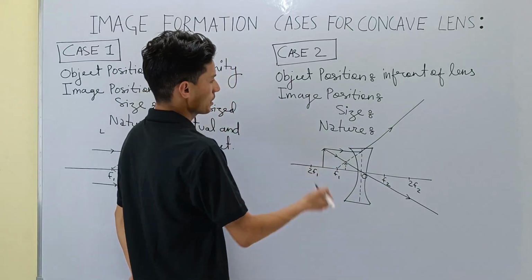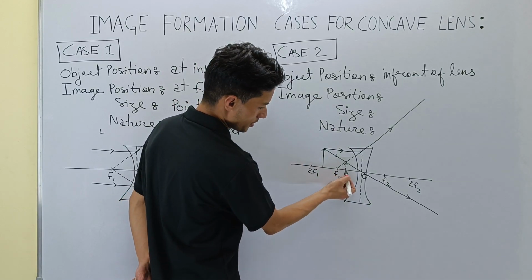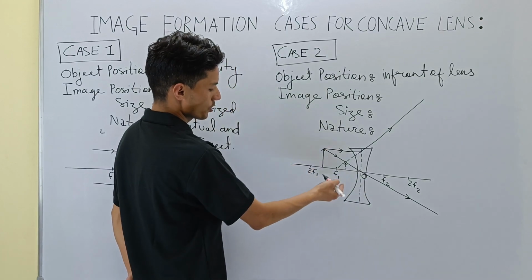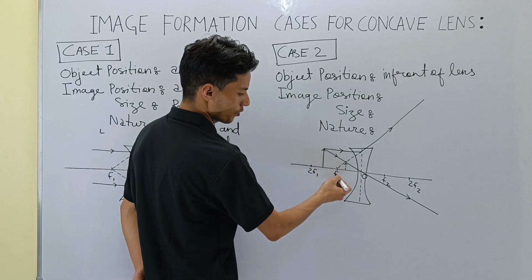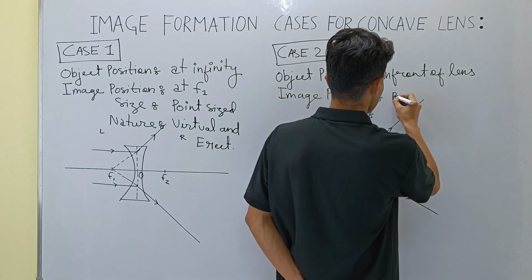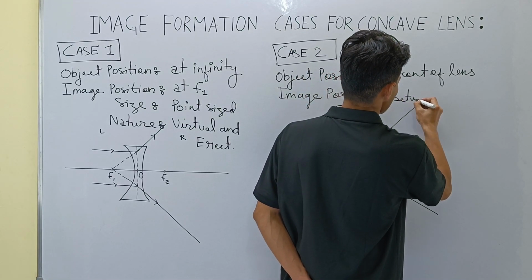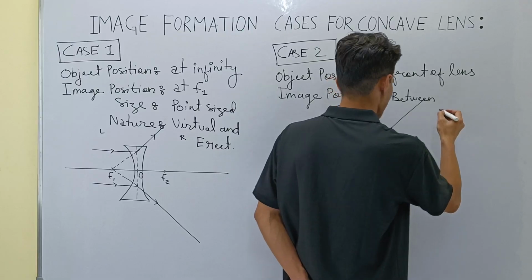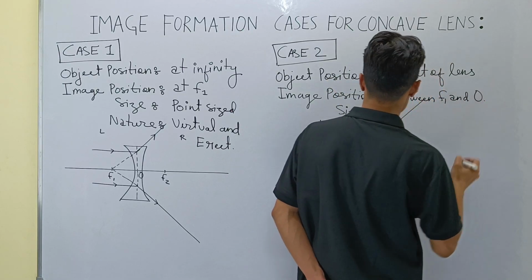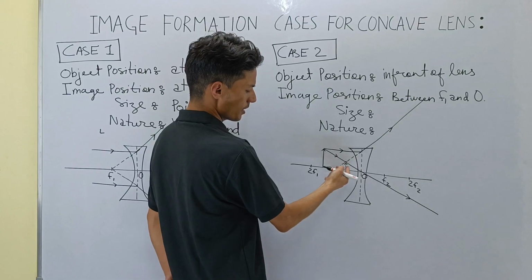So image position, where is this? This is between F1 and O, or O and F1, anyone. Image position is between F1 and optical center. Size is small.